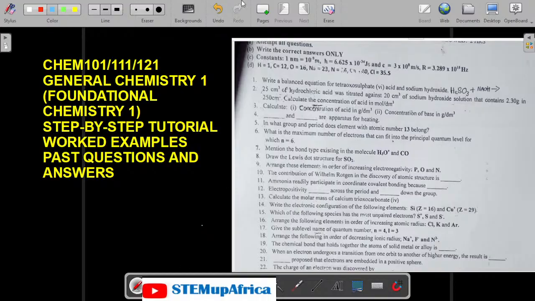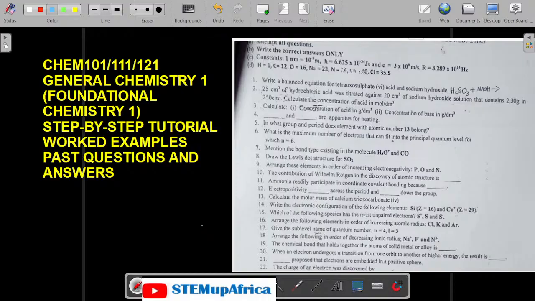So for every chemical formula you have, not always, but mostly, the compound must contain anions and cations.